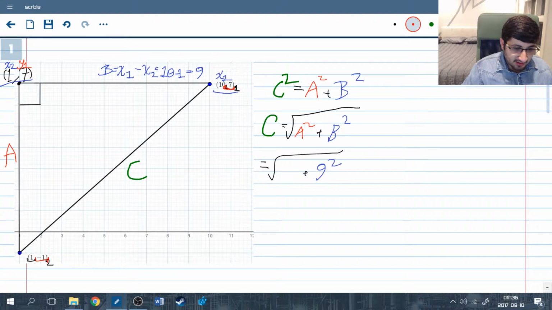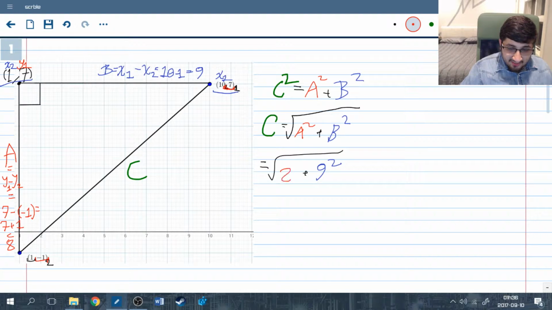That will be equal to y1 minus y2. In this particular case, we get 7 minus 1, which is equal to 8.